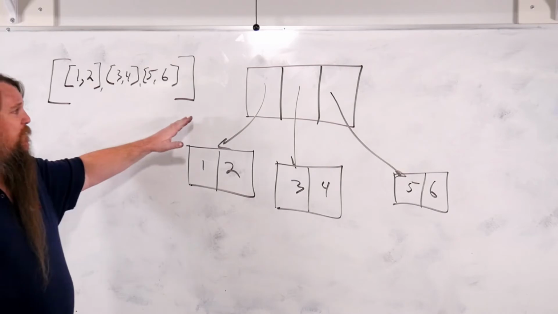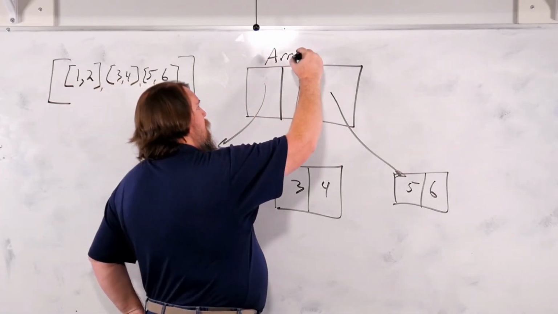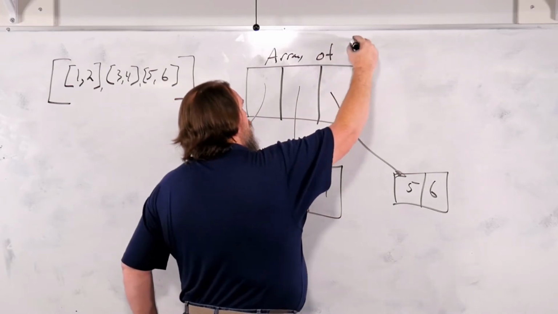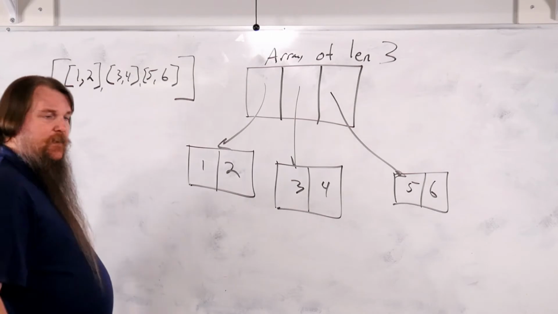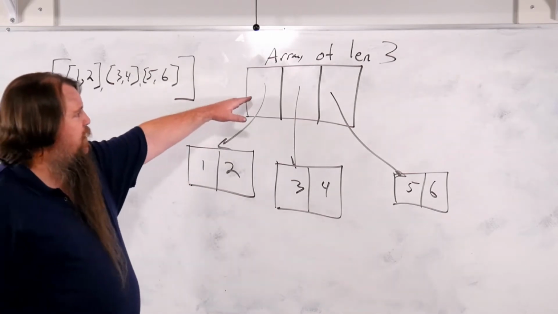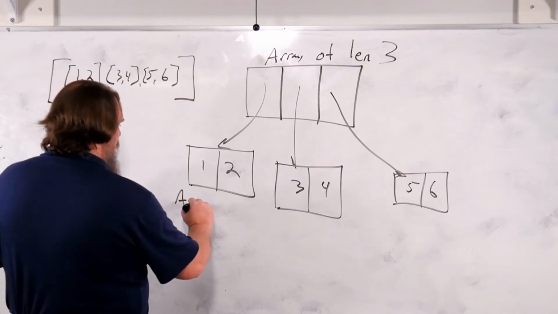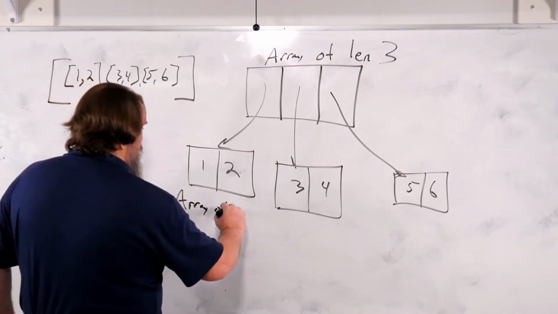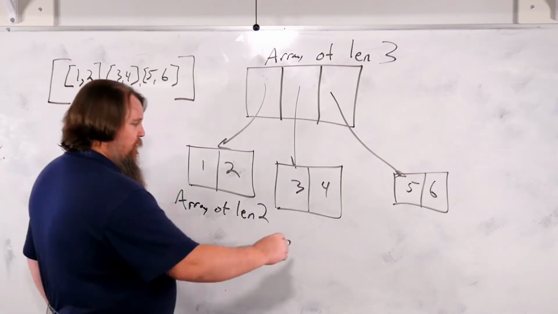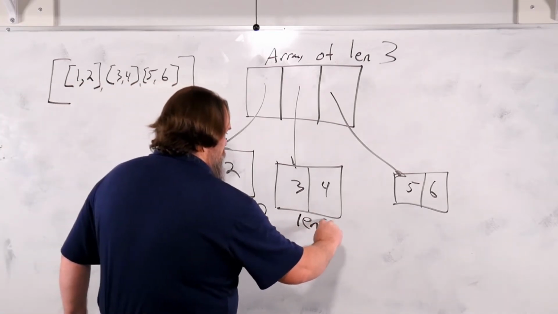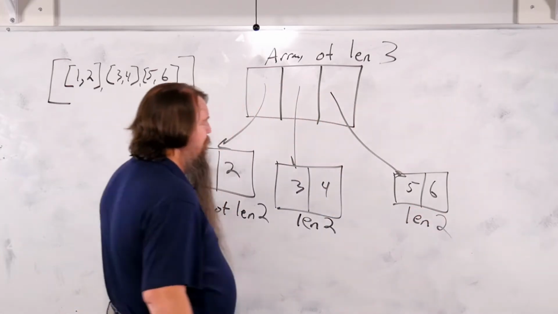So we have an array of length 3, and when we go into each element of it, we have an array of length 2.